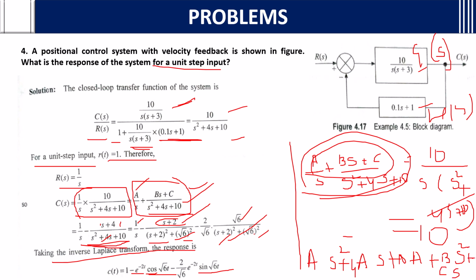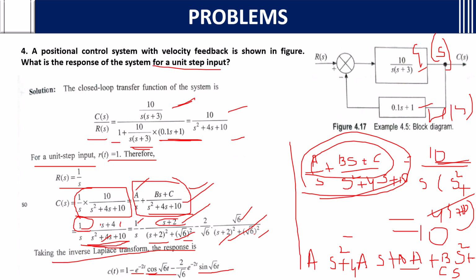If you see here, there is only one constant term, 10a. So 10a equals 10 you can do here. Why? Because it is a constant term. 10a equals 10, so a equals 1. If you see, you got a equals 1 here.